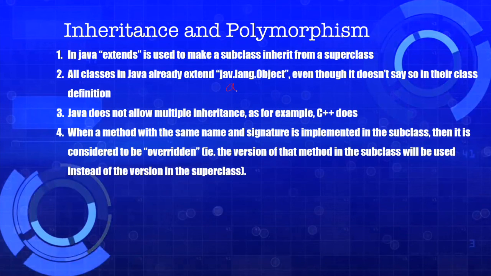For example, if you had 5 different types of student, and they all inherited the method work from the parent class student, but one of those types of student worked differently from the other 4, then that would be polymorphism, polymorphic behavior.